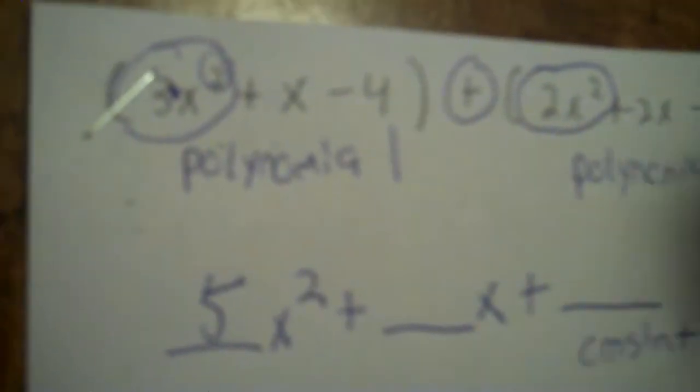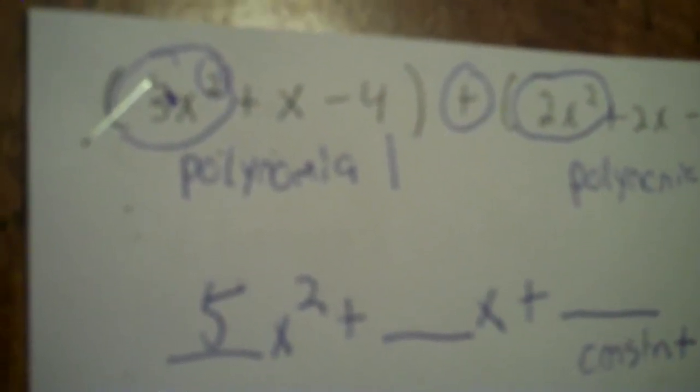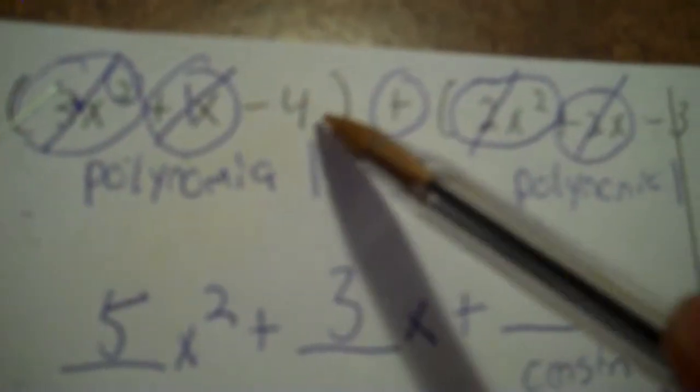Okay, then x. X is without powers. They'd be to the 1 power, but don't waste your time putting that, okay? So you have an x here, you put a 1 in front of it, so 1x, and here's an x, that'd be a 2x, so I combine 1 and 2. By the way, after you add them, cross them out, okay? Then 1 plus 2 is 3, cross those out. Now constant, those are the numbers that aren't multiplied by any sort of variable.